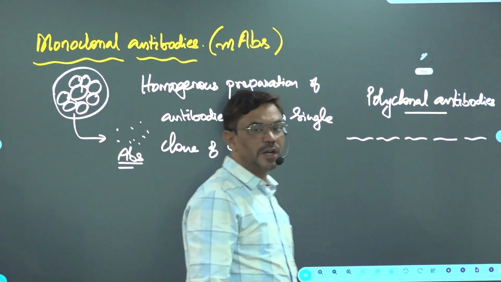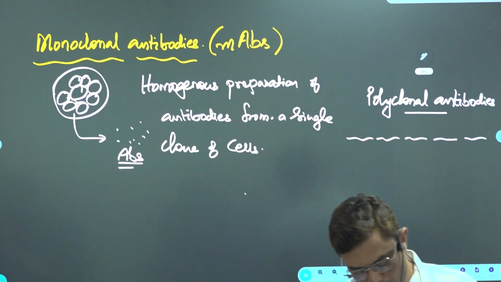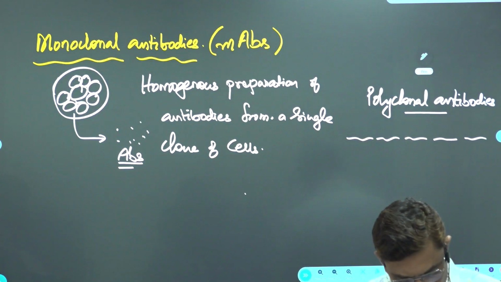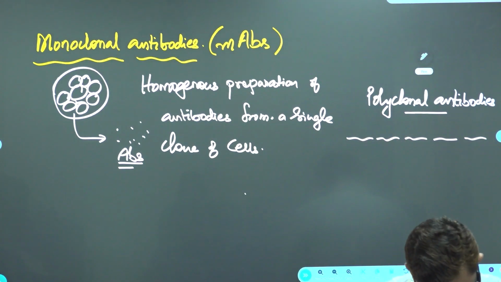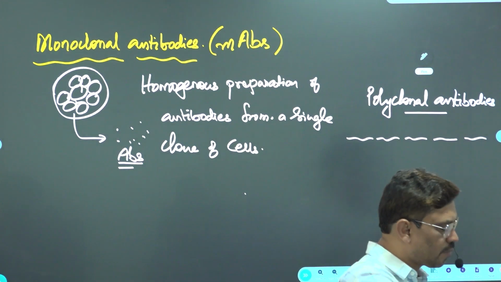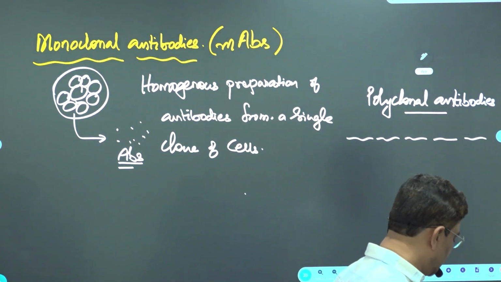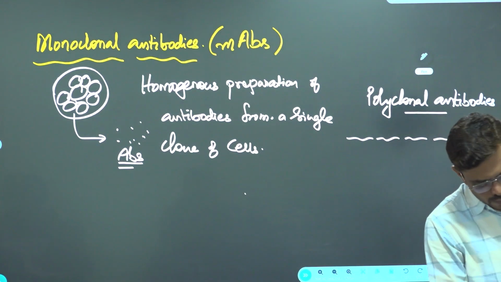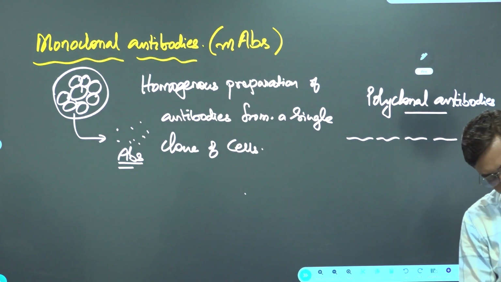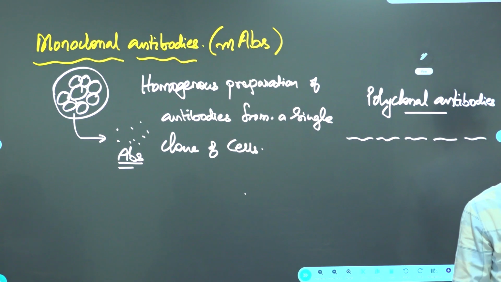So homogeneous preparation of antibody molecules from a single clone of cells is called monoclonal antibodies.